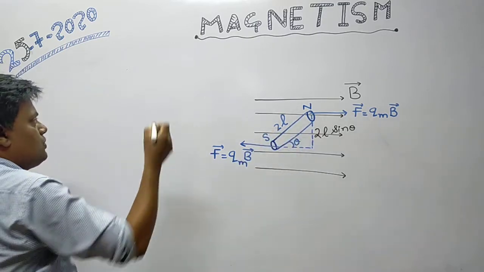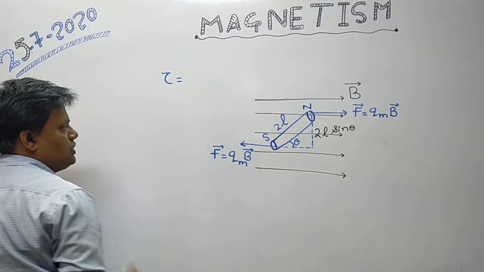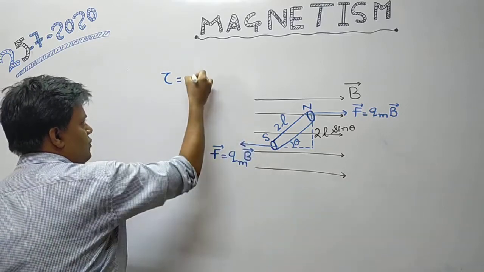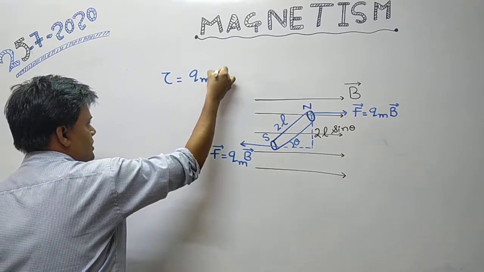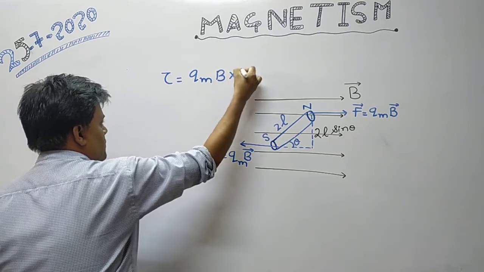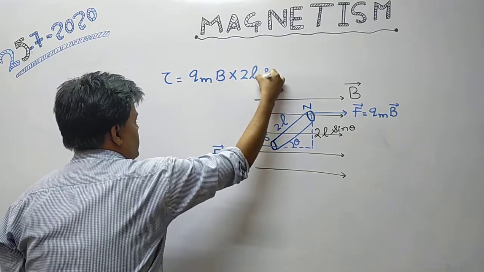Therefore torque tau equals force into perpendicular distance. The force is Qm into B, and the perpendicular distance is 2l sine theta.